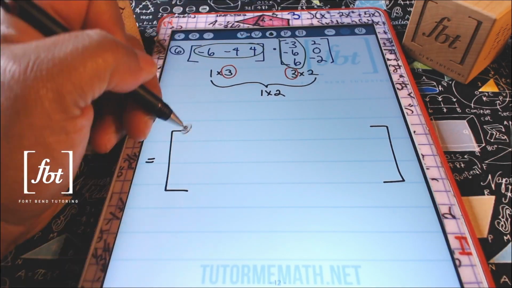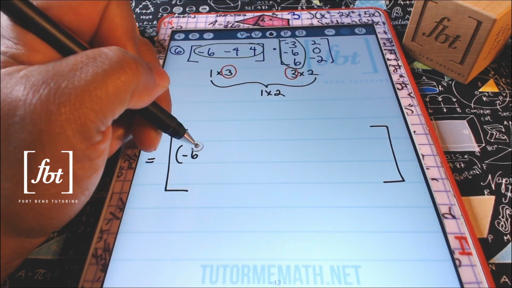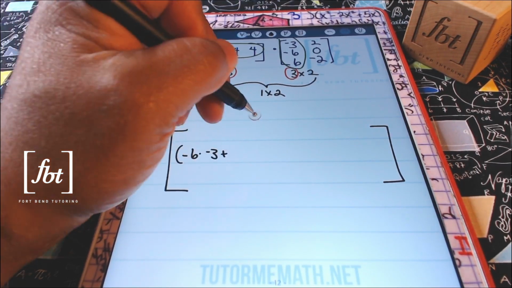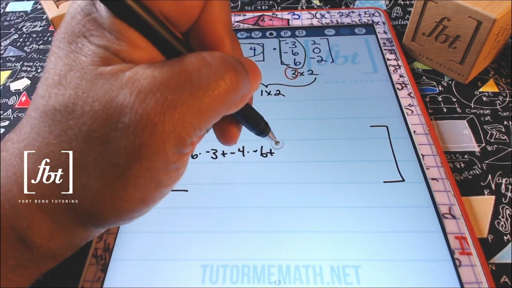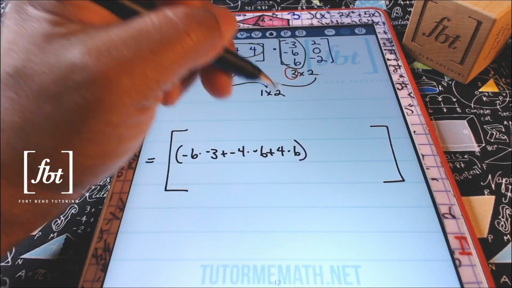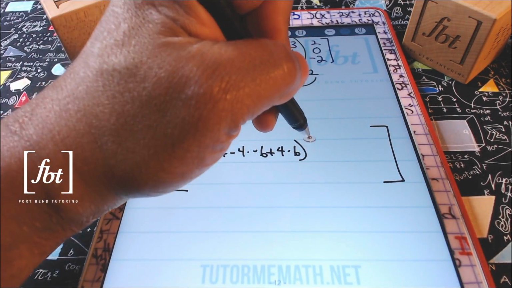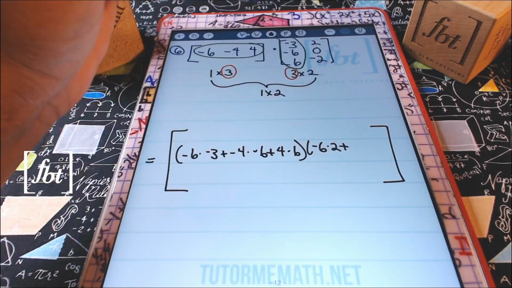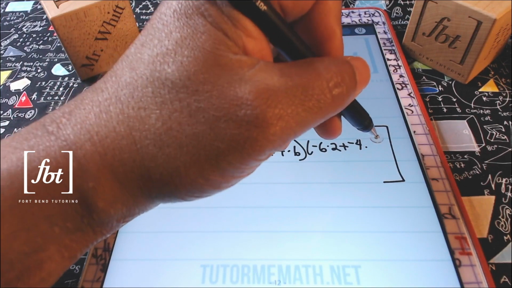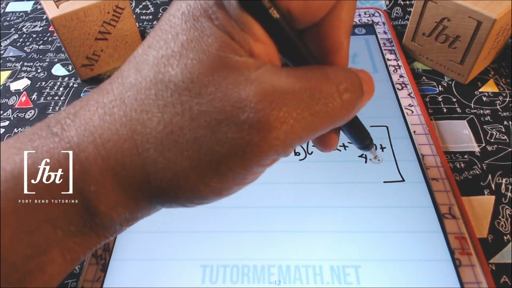So that means that this first value is going to be the result of -6 times -3 plus -4 times -6 plus 4 times 6 to give us that first value there. Then we'll have -6 times 2 plus -4 times 0 plus 4 times -2.